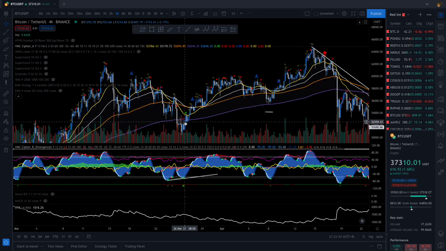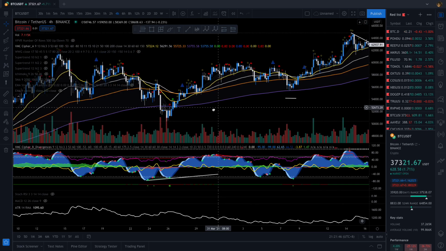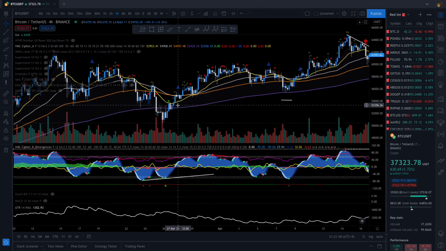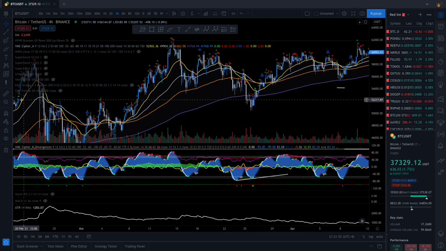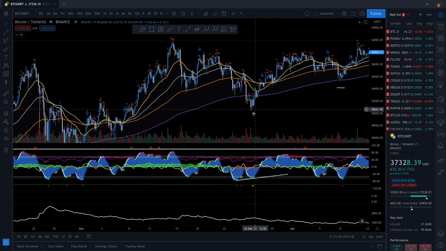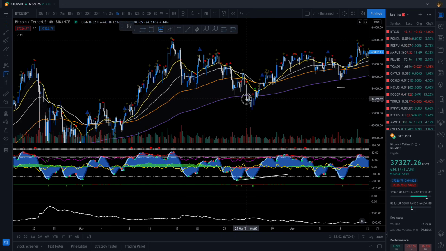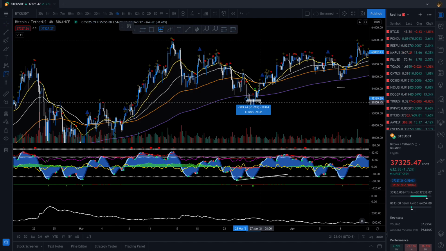And if we just look at the previous example right here, this is the importance of not setting your stop loss too tight, because over here you can see that the price indeed did come down to find support at the 200 EMA, except it went under the 200 EMA for a fair bit of time, about 2 days, before ultimately moving back in the direction that you were expecting it to.